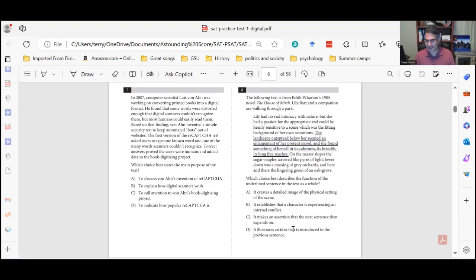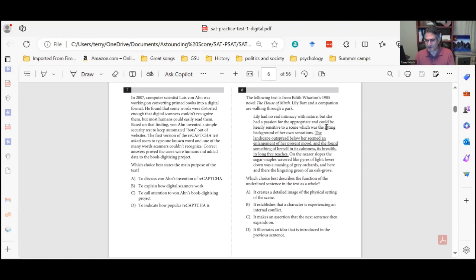It illustrates an idea that is introduced in the previous sentence. Oh man, we got to read the previous sentence. Okay, fine. Lily had no real intimacy with nature, but she had a keen passion for the appropriate and could be keenly sensitive to a scene which was the fitting background of her own sensations.